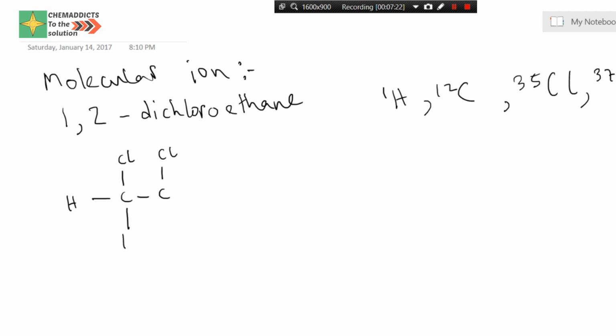So at first we are drawing the structure of ethane, not ethene. They are different: one is an alkane and the other one is an alkene.